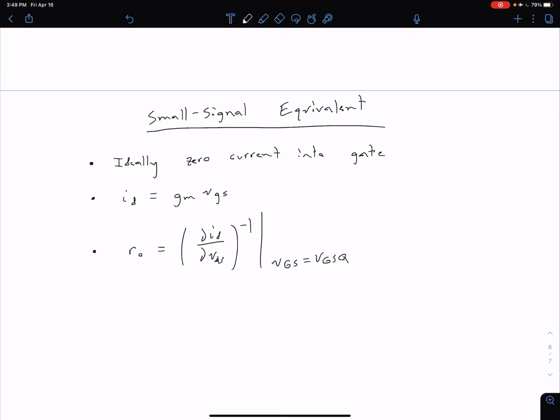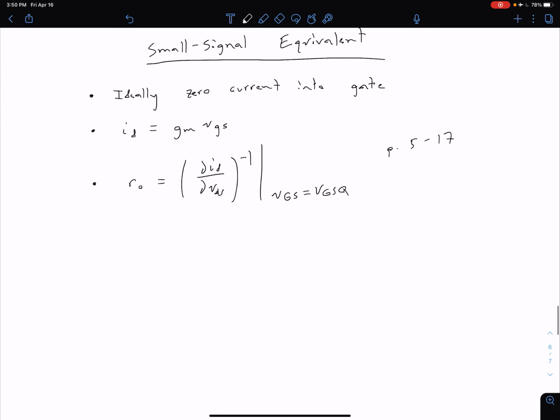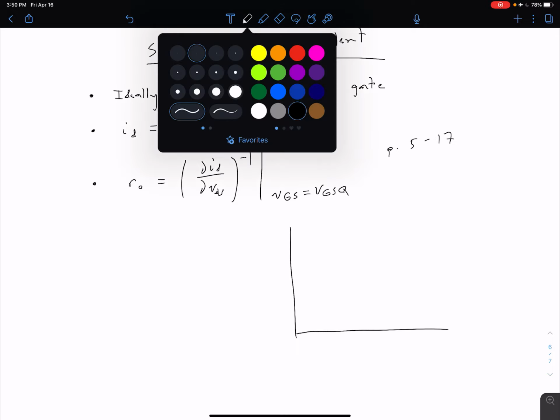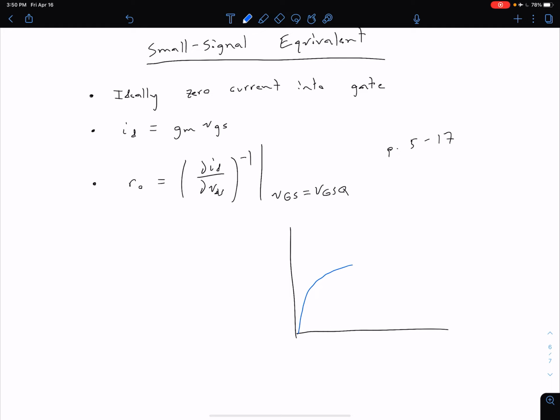That's a little bit complicated, but if you want to see more analysis on that, you could go back to page 5-17 in the notes, where we look at a specific equation for this R0 value. Ultimately, in our saturation region, in our family of IV curves, these aren't actually perfectly horizontal lines, but rather they have some non-zero slope. I've drawn that kind of exaggerated. But the slope of that curve in saturation is going to be 1 over R0. So that's what that value is.